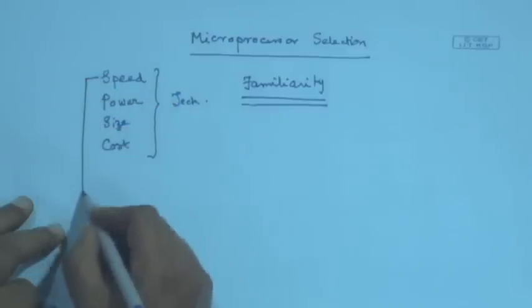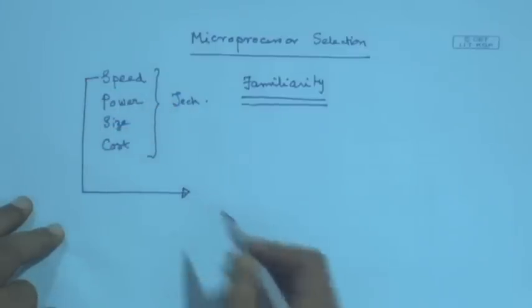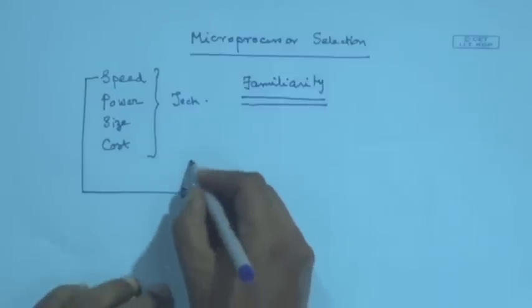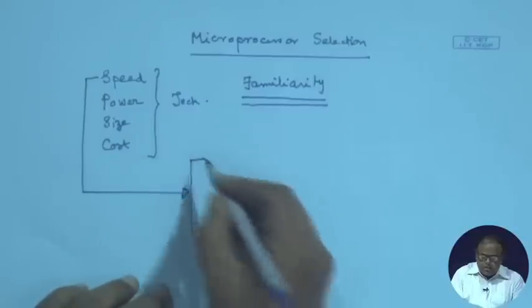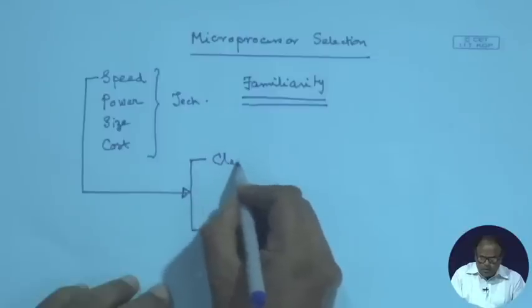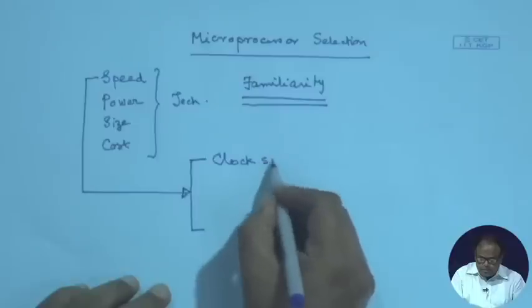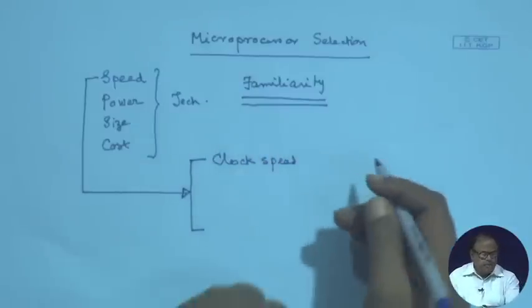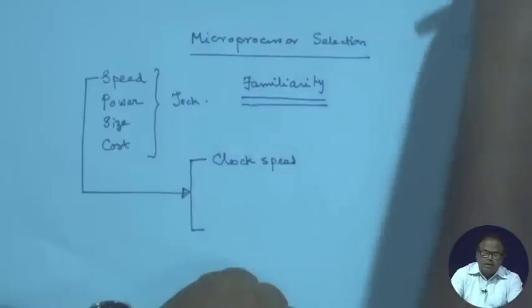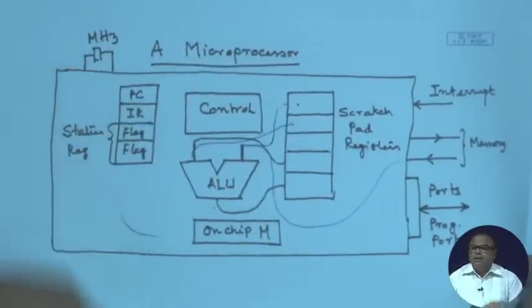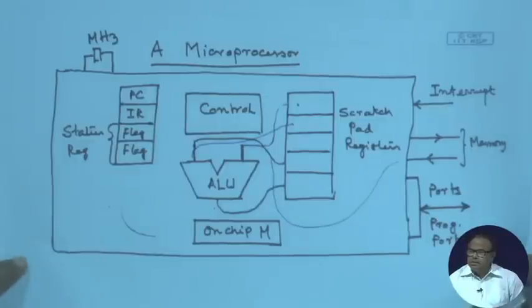Now, I would like to touch upon how we talk about speed. When we talk about speed, what are the factors that come with speed? One is of course the clock speed. The faster the clock, the faster the instructions will be executed.